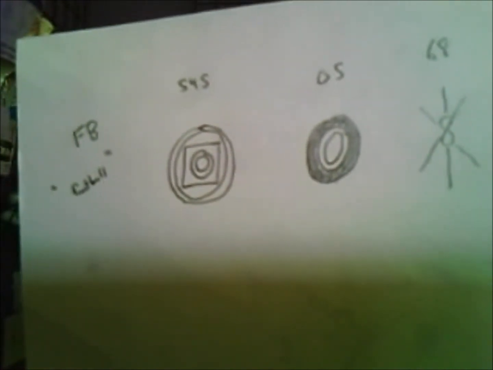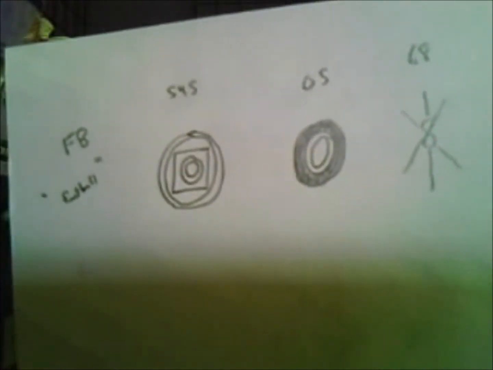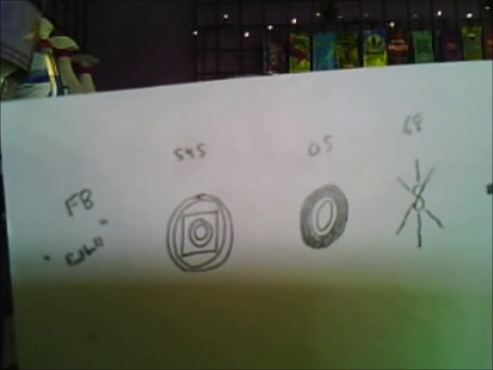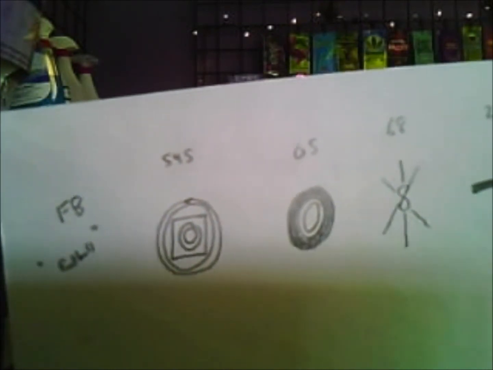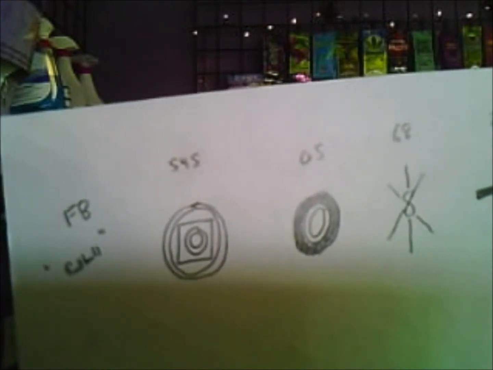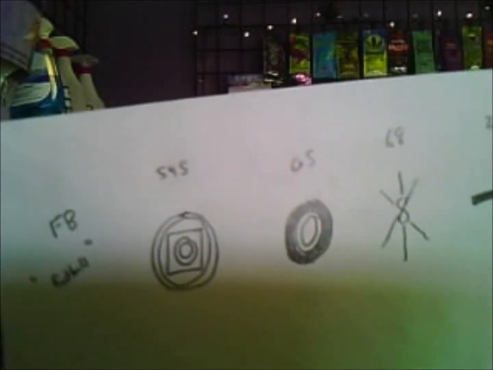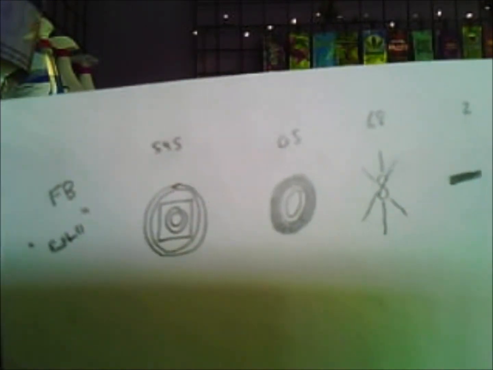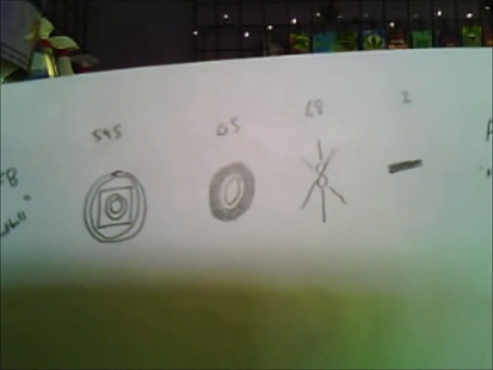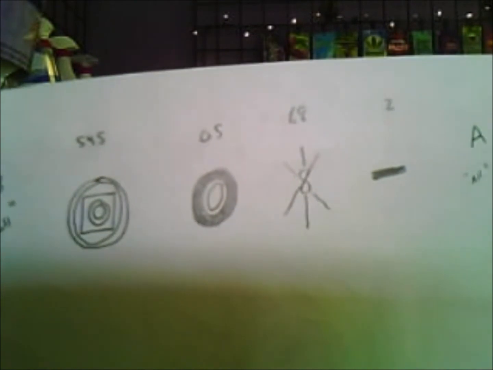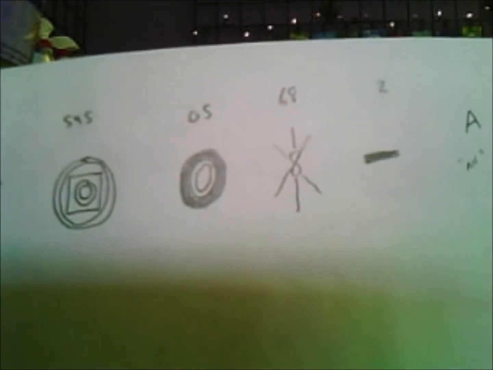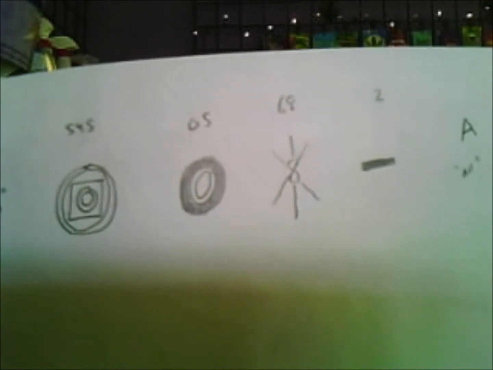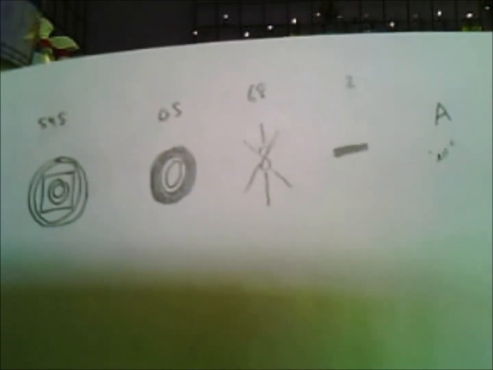To start out, my 545, if y'all can see that, is a gold ring surrounded by a blue square surrounded by a gold ring. That's 545. And then I think it's a 05 is a black ring inside or outside a golden ring.